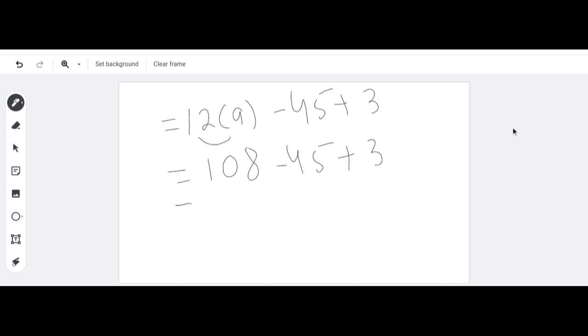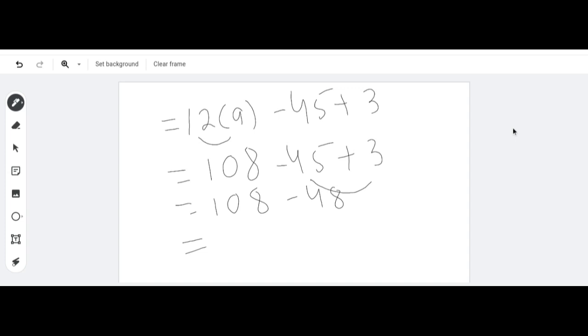According to the BODMAS rule, I have to do the addition first. 45, 46, 47, 48. 108 minus 48. Now I have to do the subtraction between these two numbers. Now give me the answer by solving this subtraction. 108 minus 48, 60.